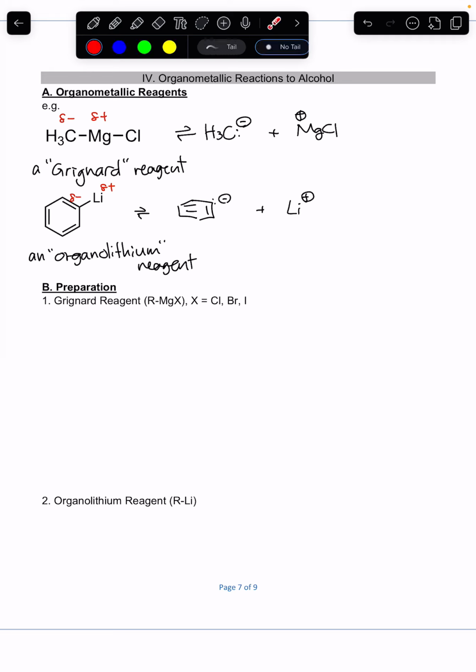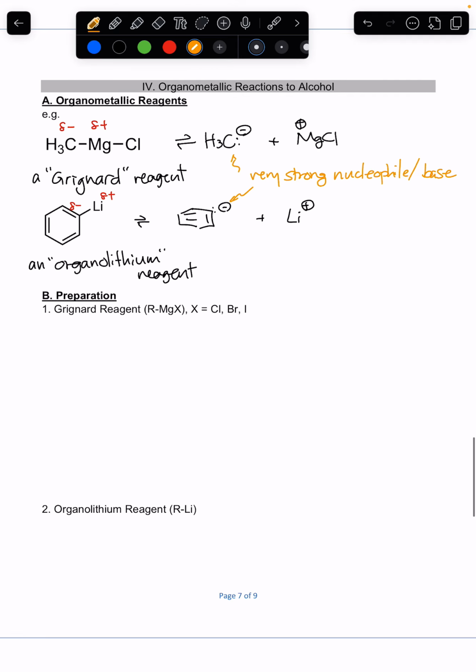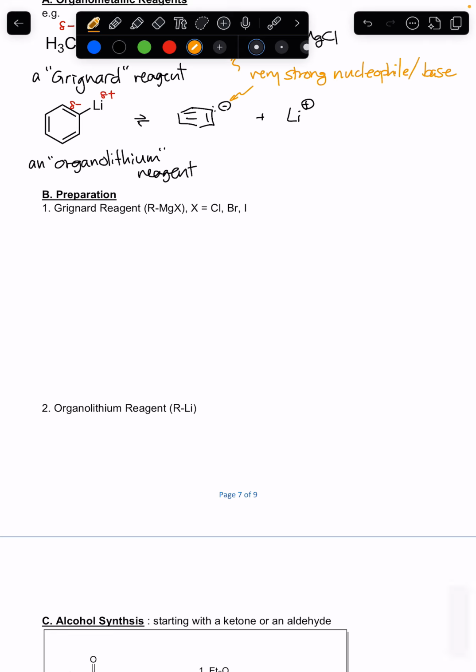And as you can imagine, carbon is not that electronegative, so these anions are very, very reactive. These are very strong bases as well as nucleophiles. So that's what organometallic reagents are, at least as we're going to learn in this part of the semester.